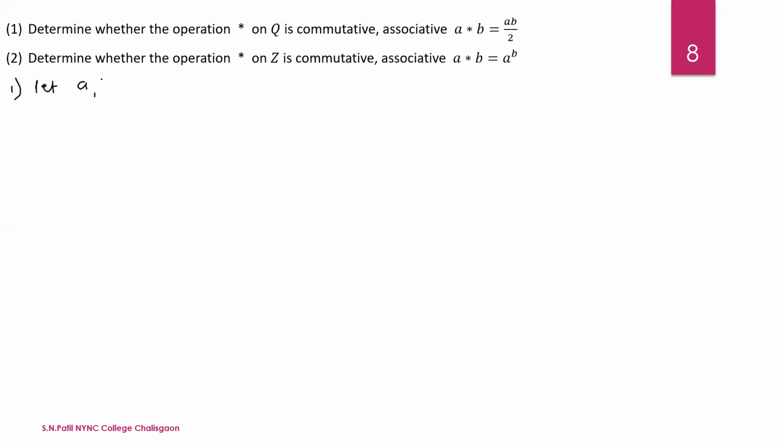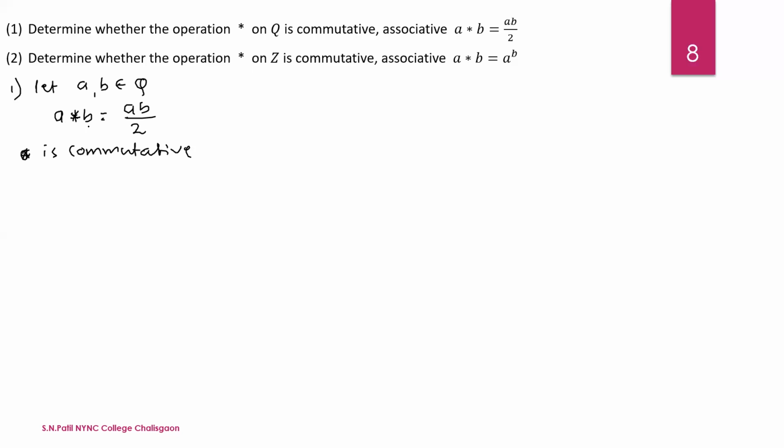Let A and B be any two elements of the set of rational numbers, and the star operation is defined as AB divided by 2. First we show that star is commutative.